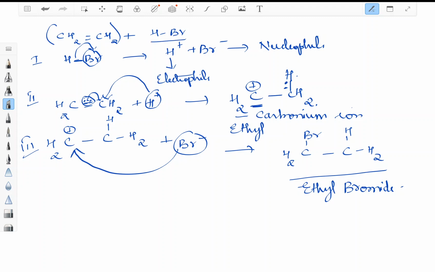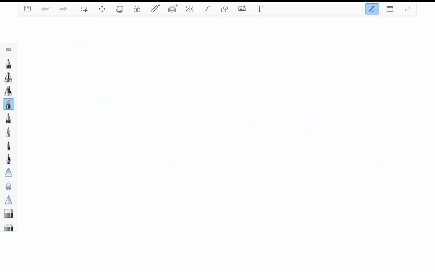In this example we have seen CH2=CH2. We'll go to a new slide so that there is no confusion. CH2=CH2 reacts with HBr. I'm not going to write all the steps once again; you have to run those in your mind.